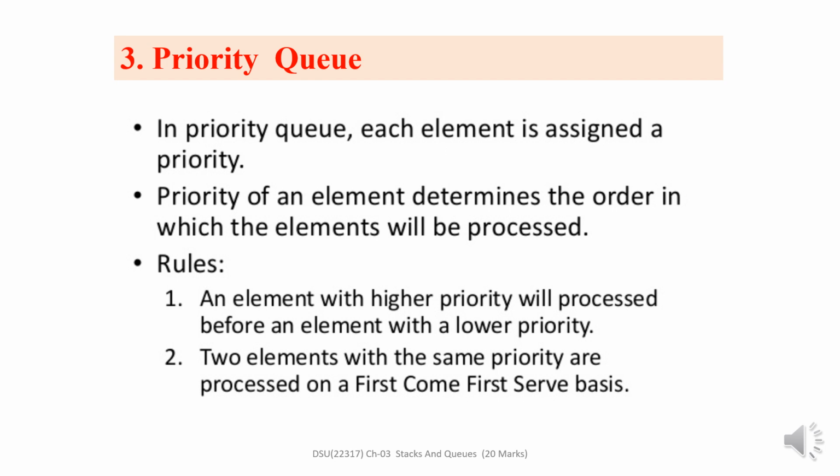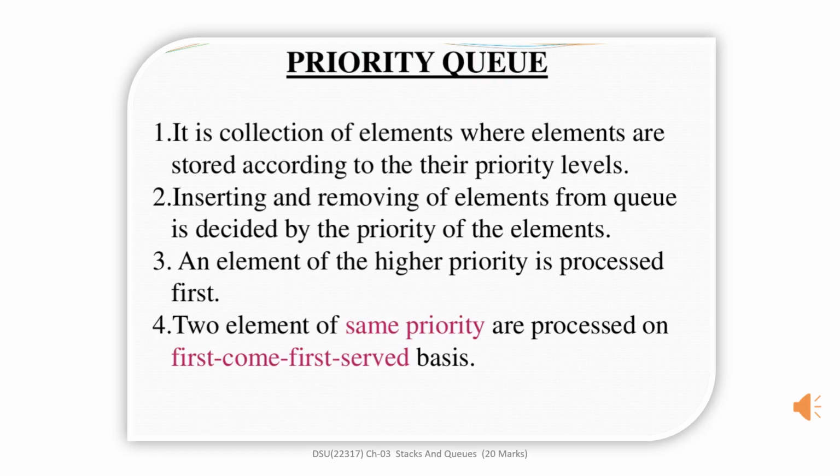If there is a higher priority, then we have to perform the higher priority first, and in the second case, if there is the same priority for both the elements, then we have to process them on a first come first serve basis. So a priority queue is the collection of elements where the elements are stored according to their priority levels.